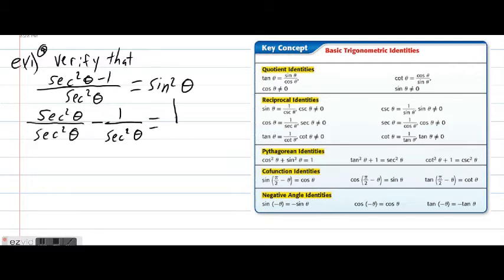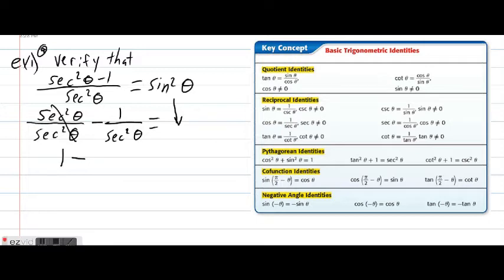And the whole time I'm trying to make sure that it's going to equal sine squared theta. Secant squared of theta divided by secant squared of theta cancels itself out. We're left with 1 minus 1 over secant squared of theta.